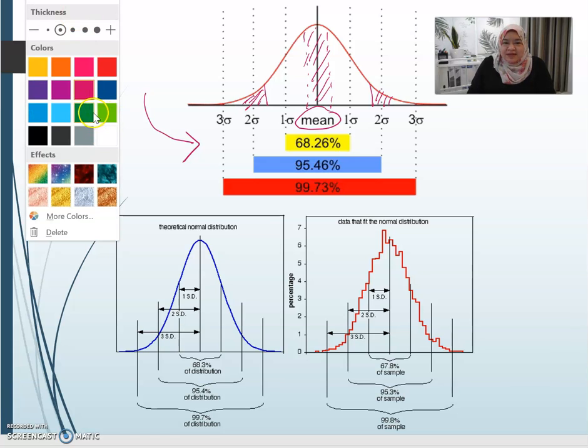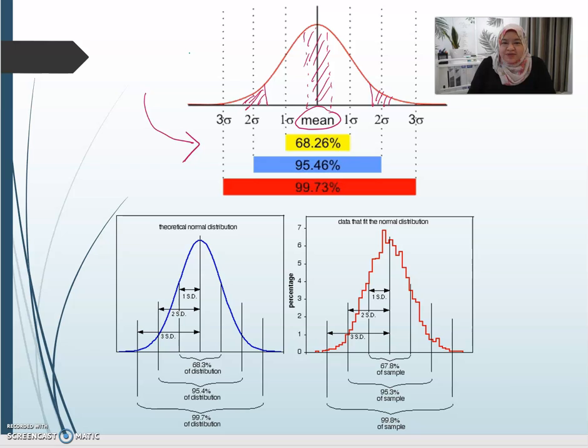Another example that I can give you is that presume that this line here is the exam marks, exam scores in the class. Of course in the exam score there will be an average. Some students will score lower than the average marks, and some students will score higher than the average marks, but most of the students will score very near to the average marks.